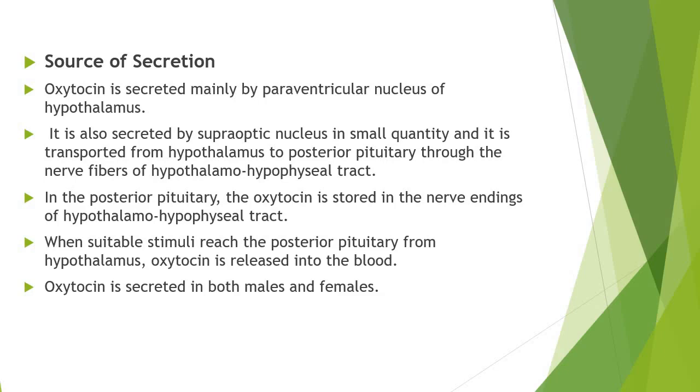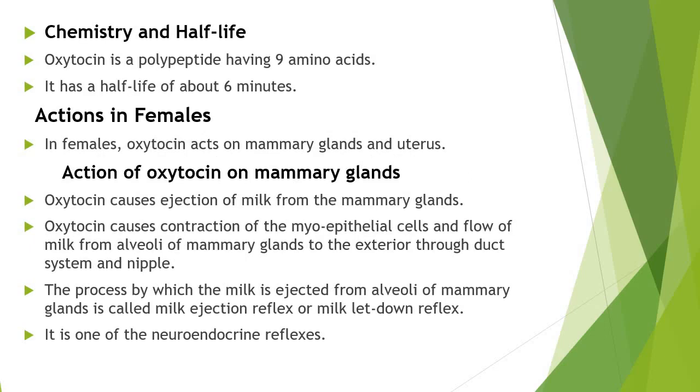In the posterior pituitary, oxytocin is stored in the nerve endings of the hypothalamo-hypophyseal tract. When suitable stimuli reach the posterior pituitary from the hypothalamus, oxytocin is released into the blood. Oxytocin is secreted in both males and females. Chemistry and half-life. Oxytocin is a polypeptide having 9 amino acids. It has a half-life of about 6 minutes.